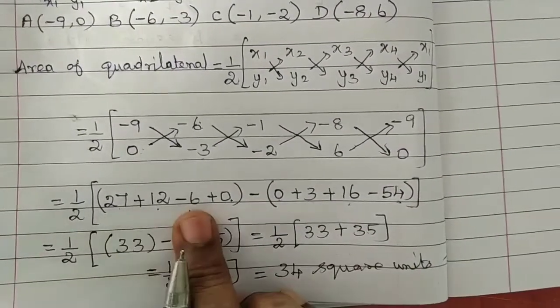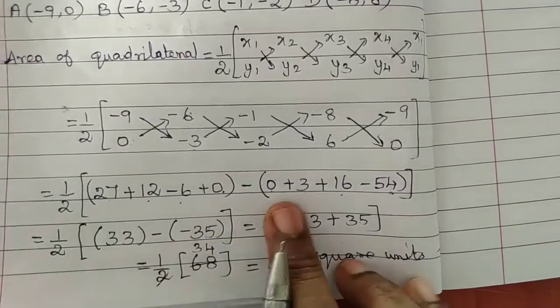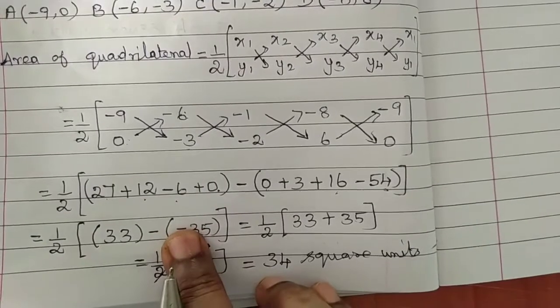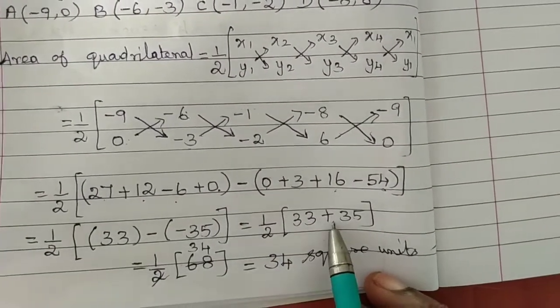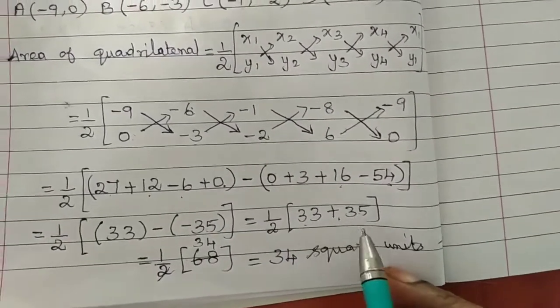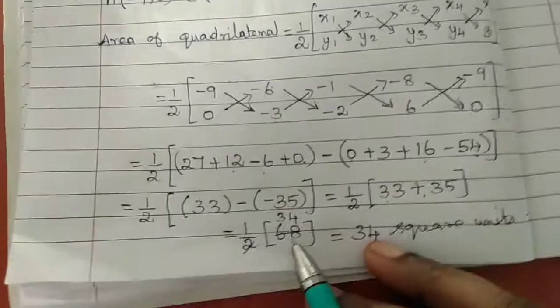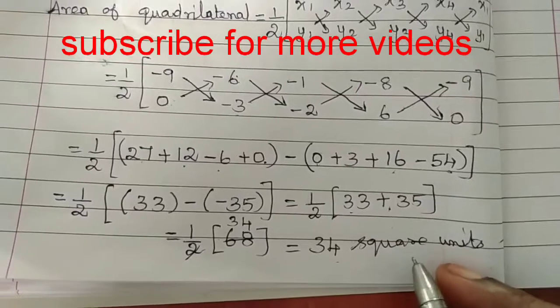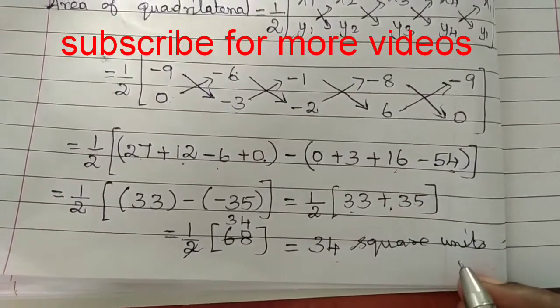Simplify, 33. Here simplify, minus 35, minus into minus plus 35. Add these two numbers, 68. Now cancel this, 34 square units. Area of the quadrilateral equal to 34 square units.